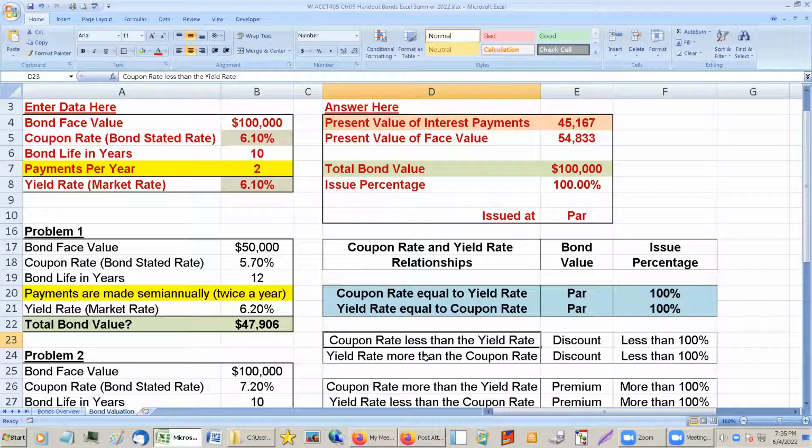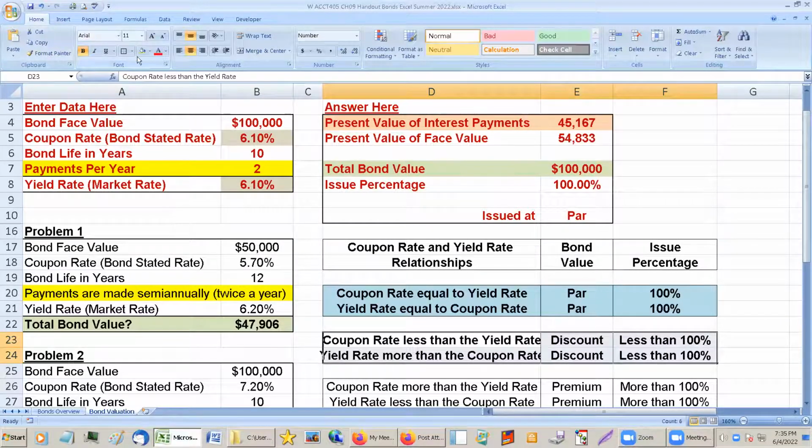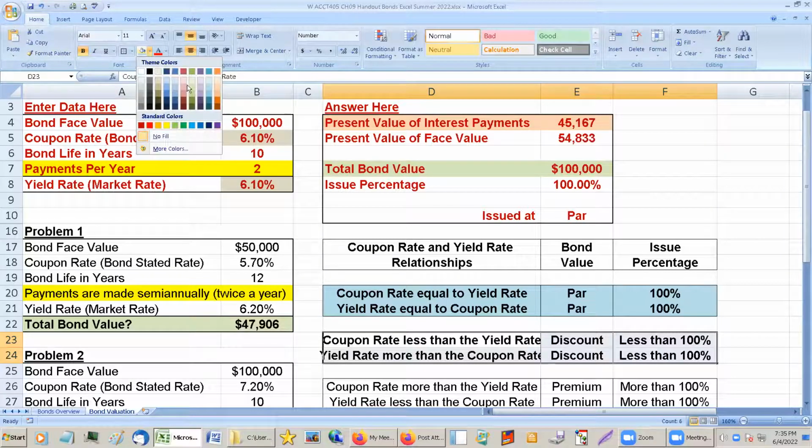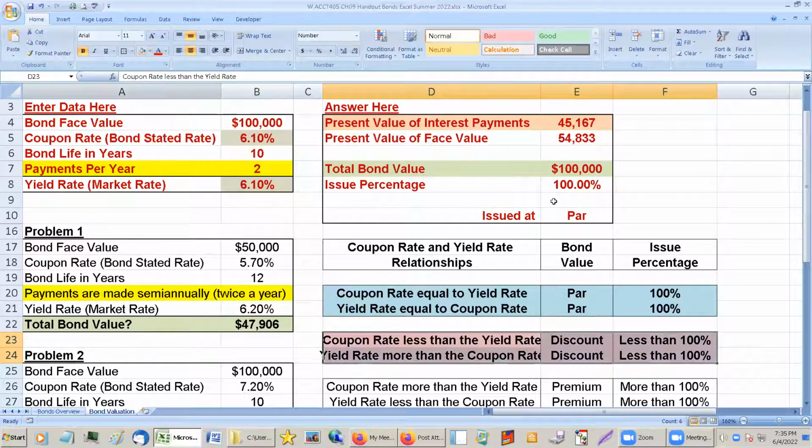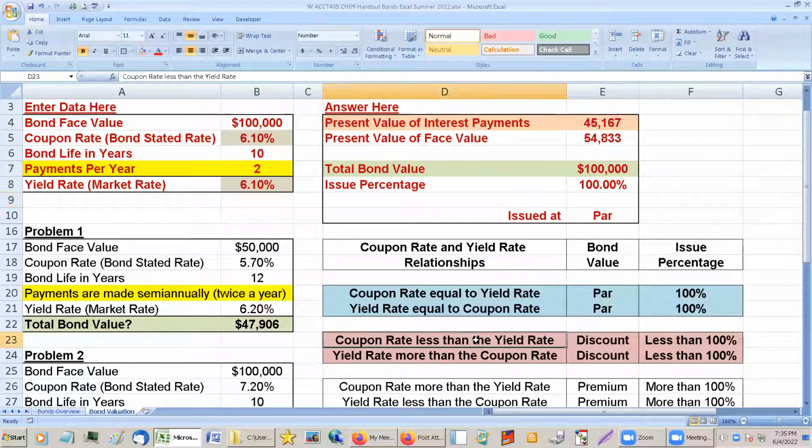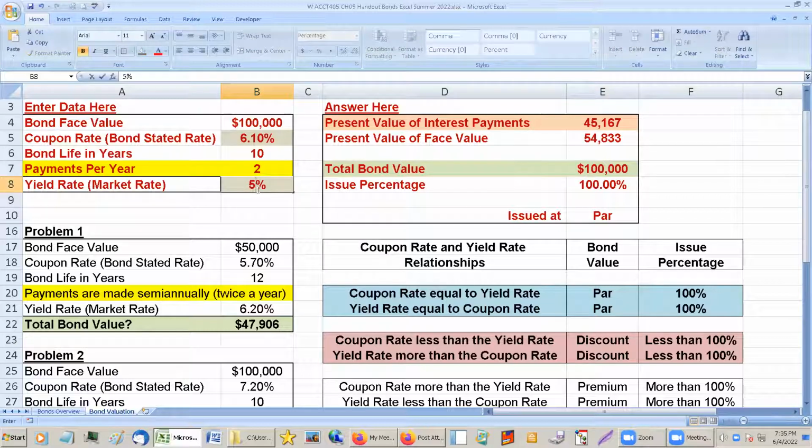Coming down here for the discount. The coupon rate is less than the yield rate. In other words, if this is less than this, let's say 8.84, it'll be a discount.